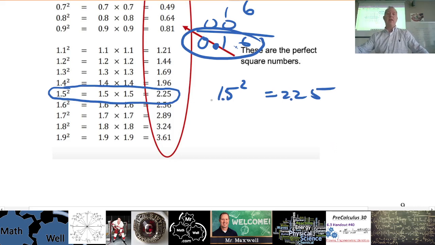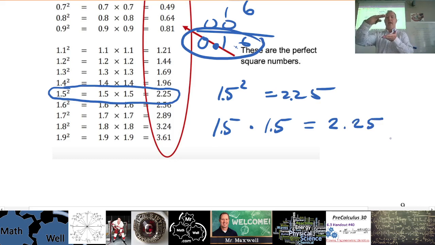And one more way to think about that, if you have 1.5 and you multiply that by 1.5, I need to get just a little bit bigger, right? So you're going 1.5 times 1.5. That makes sense that it's just over 2. So 1.5 times 1.5 would be just over 2.